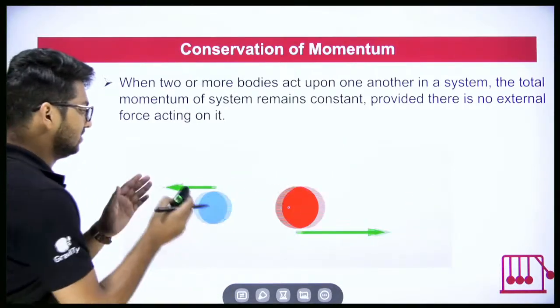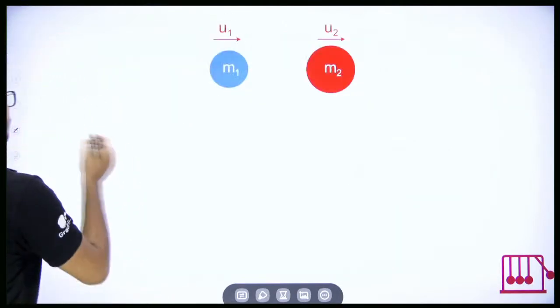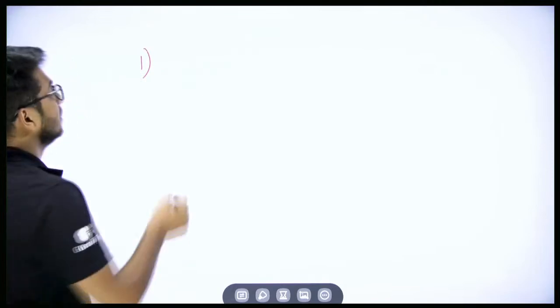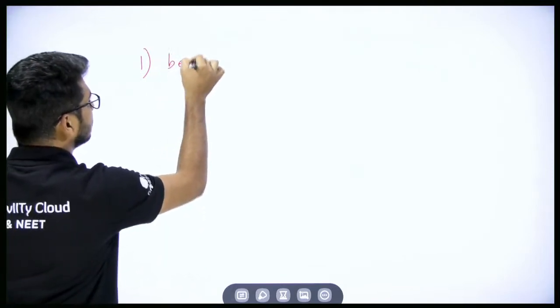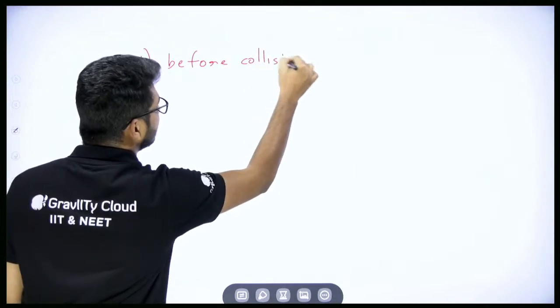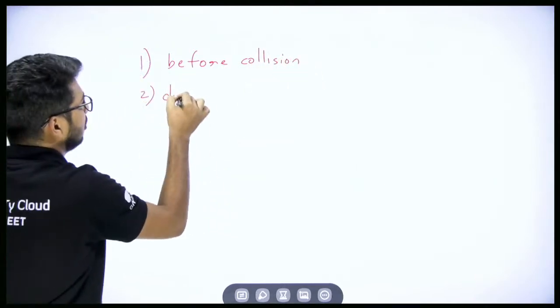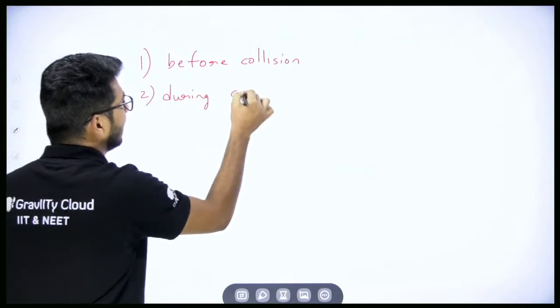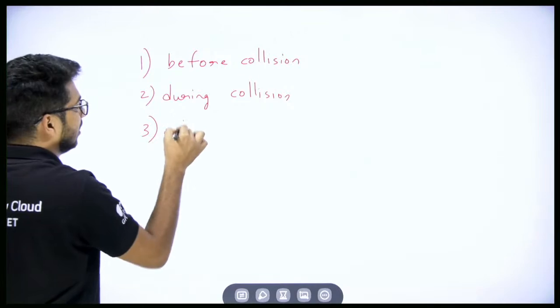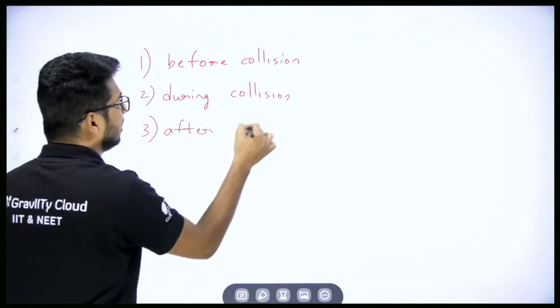Okay, let's go into that. And as I told you, there are three cases that we need to be careful about. What are they? Three cases are, one is before collision, one is during collision, and the other is after collision. Now there will be a derivation.